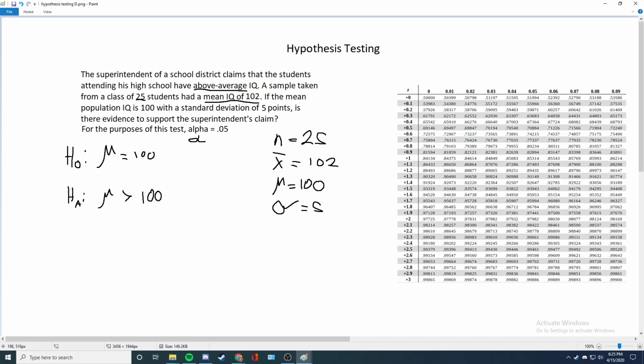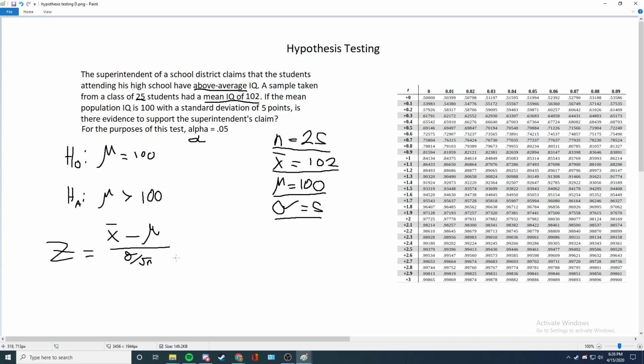So now that we've got that laid out, we can start actually doing some math. Now we want to figure out the z-score for our sample. We'll take the sample mean, the population mean, the standard deviation, and the sample size, and use them in this formula: z is equal to x bar minus mu over the standard deviation divided by the square root of n.